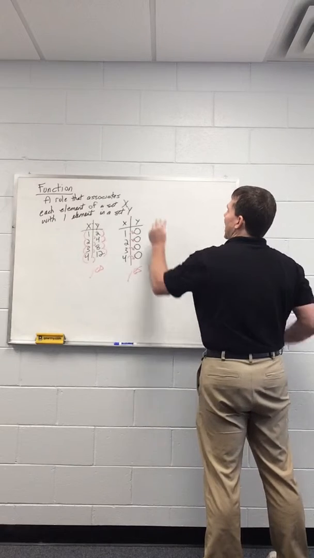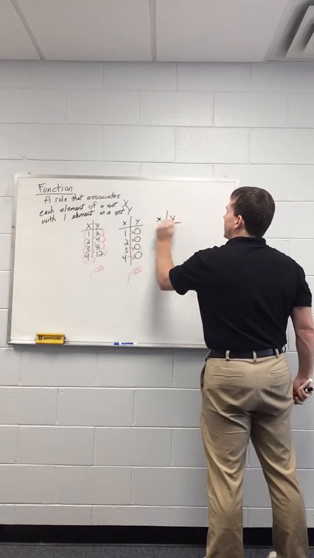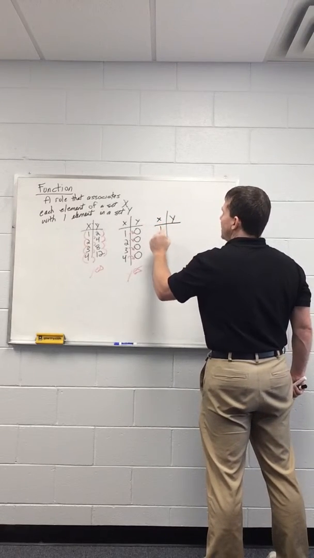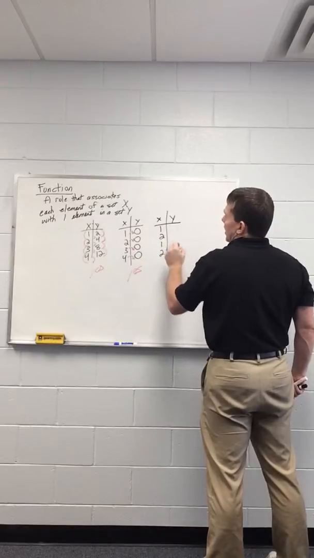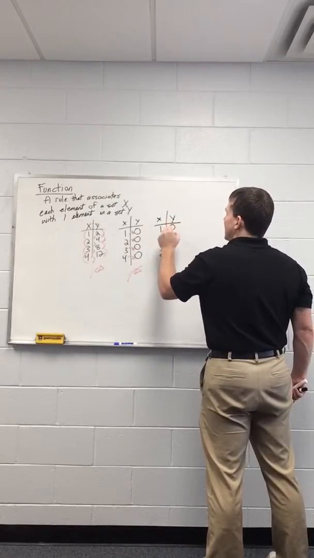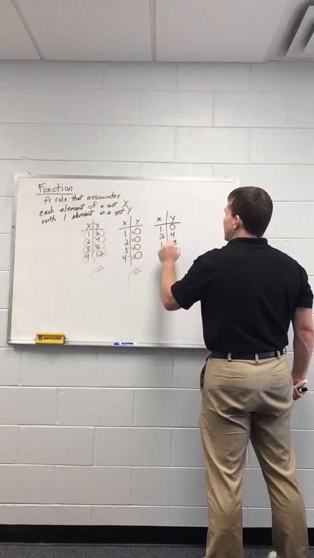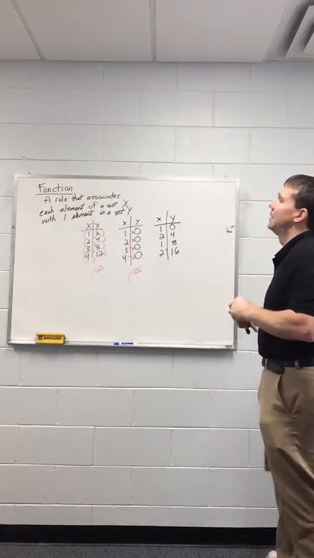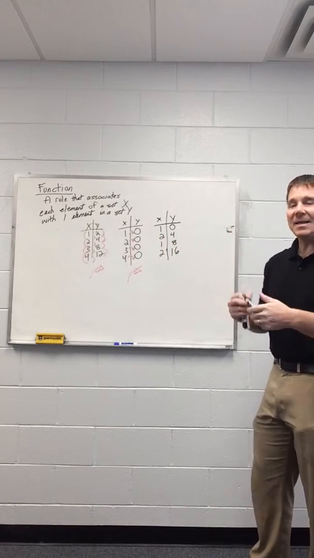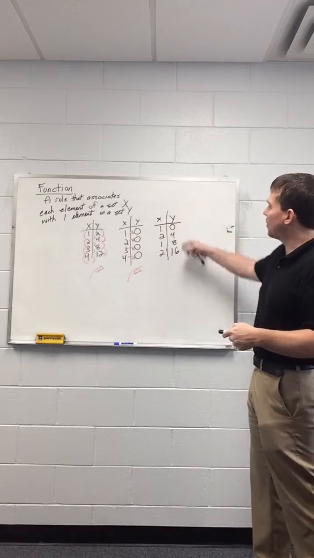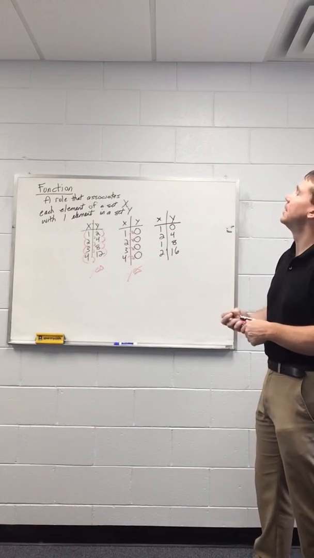The last one we want to look at. Suppose I have X values 1, 2, 1, 2. And then for Y I have 0, 4, 8, 16. And again, the same question. I have a set X, I have a set Y. Is that a function?